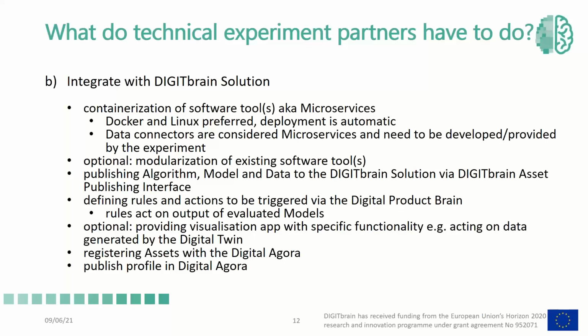So those rules have to be specified to be automatically evaluated, and then messages being sent to your operator. Optionally, you may provide visualization apps to better understand what's going on, what is in your data, etc. You are expected to register your assets with the Digital Agora and publish a profile. So become a member of our network of members.